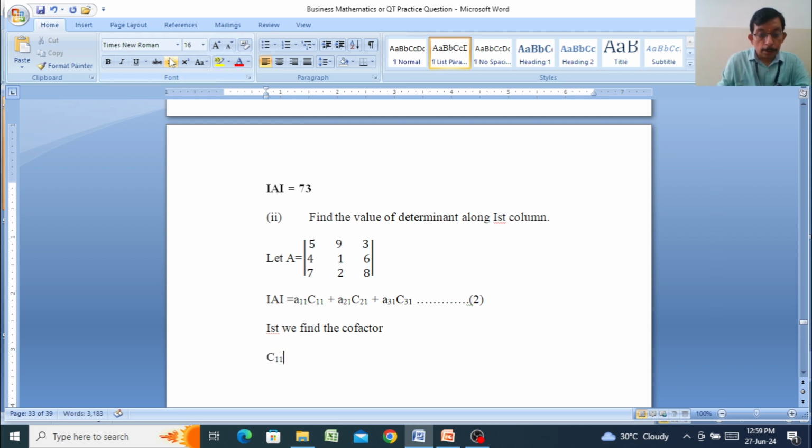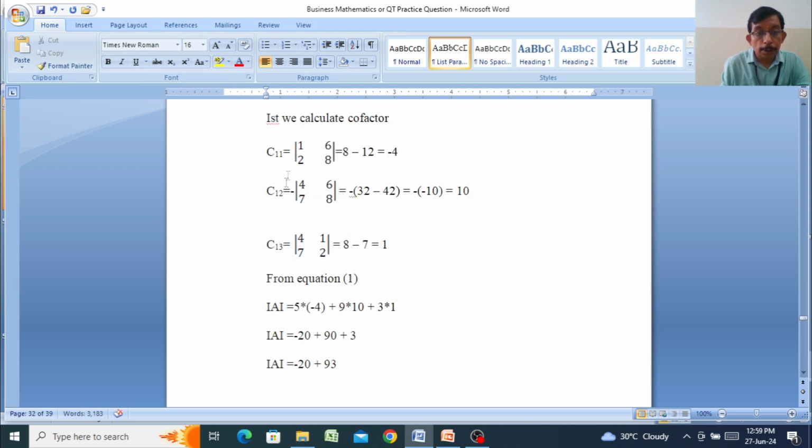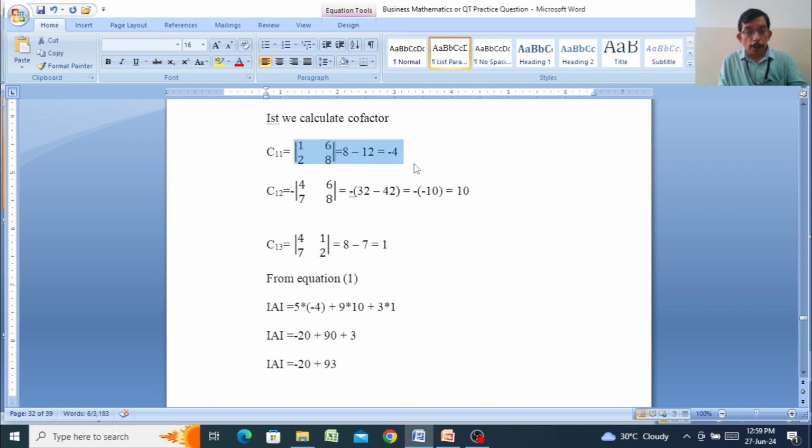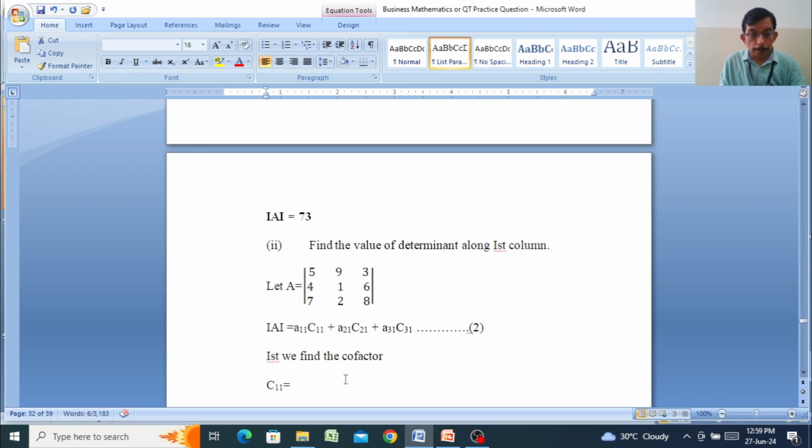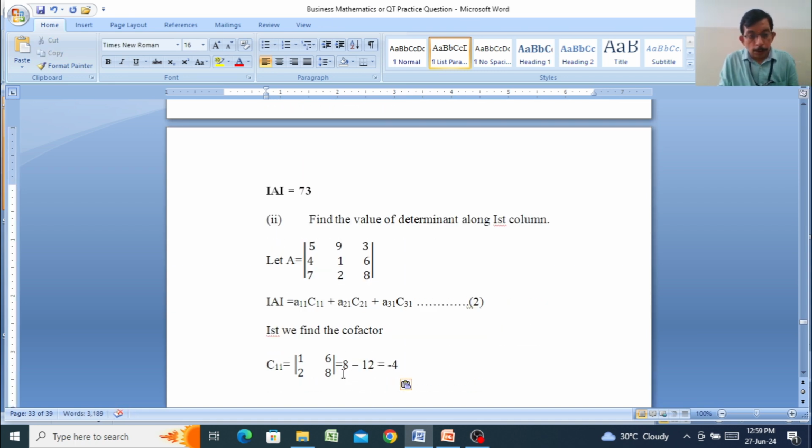The same value was also calculated earlier. Note down here. C11 means first row, first column canceled out, and the remaining elements 1, 6, 2, 8. The value of the cofactor is the difference of the multiplication of the diagonal elements. This is the first cofactor value C11.